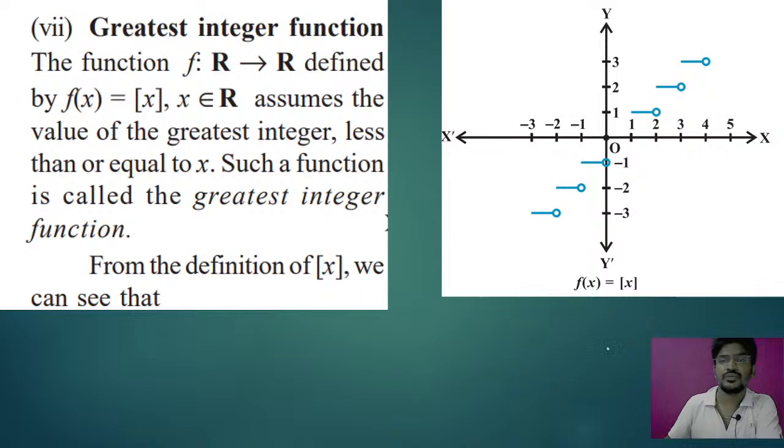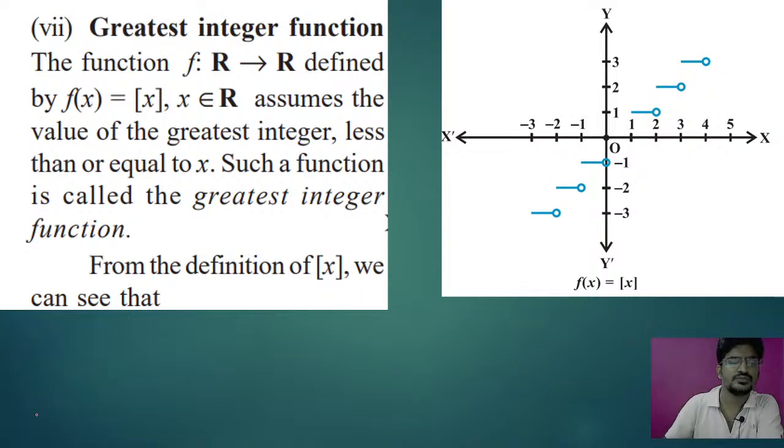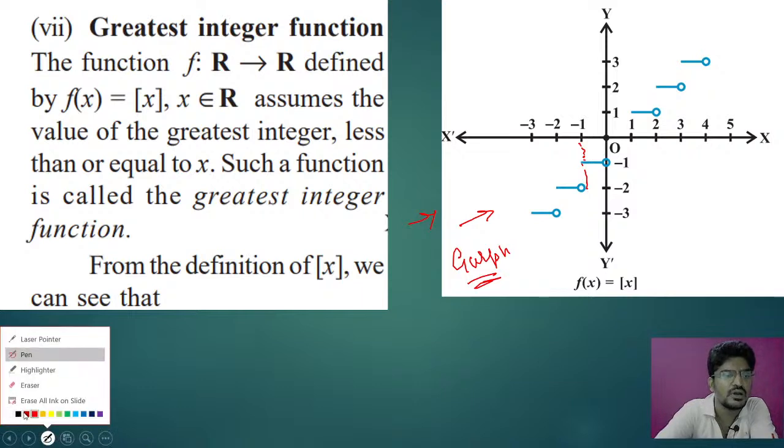See the graph. This is the graph of the greatest integer function. And my dear students, please see here, the gap is called a jump. Clear?